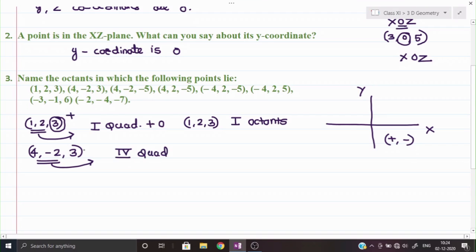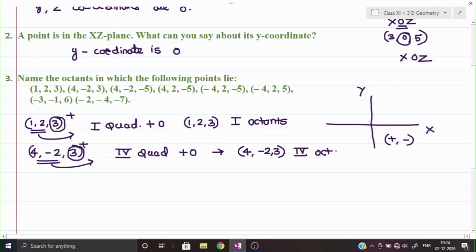And since again the z coordinate is positive, we need not do anything. We can say the coordinate (4, -2, 3) will lie in the fourth octant only.